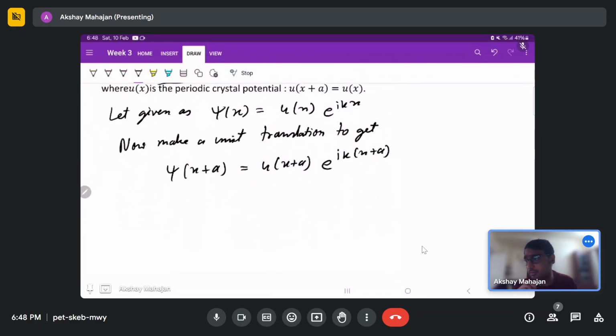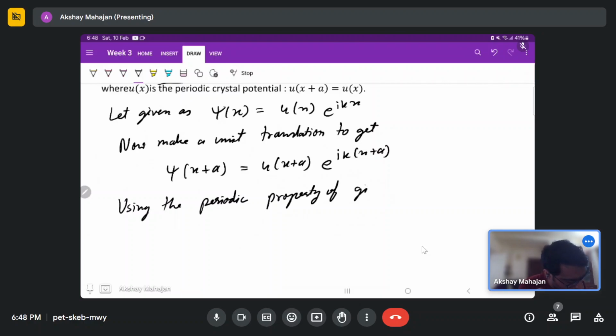Alright, now using the periodic property of the given potential, that is, it is given that it is periodic, u of x plus a should be equal to u of x.